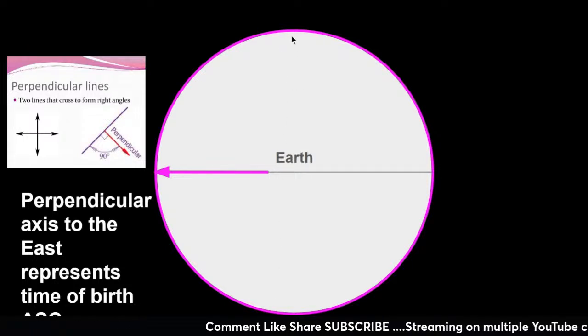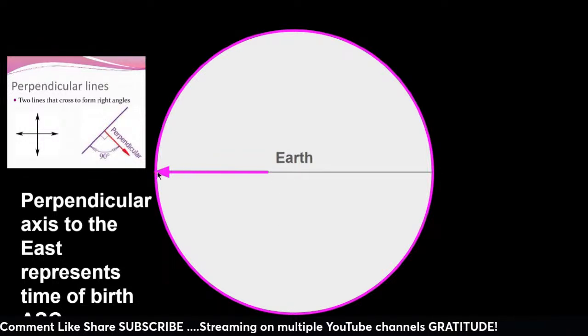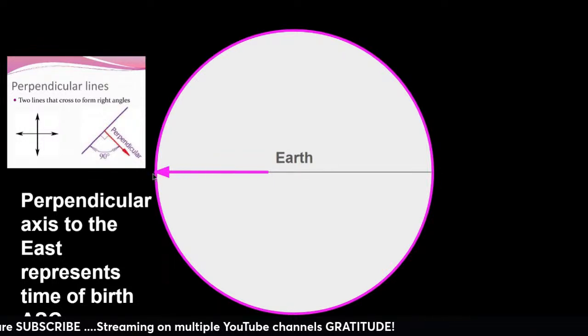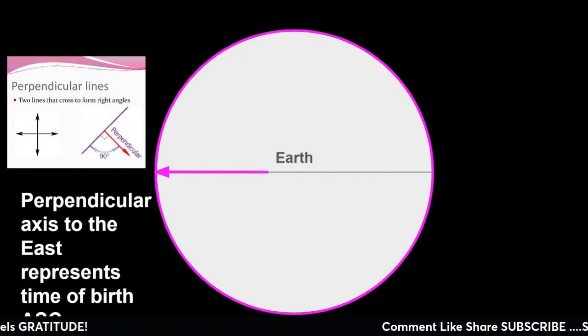The Eastern Hemisphere. The Eastern Hemisphere is always where you will find your ascendant. Remember from the overview earlier, the ascendant is the first house.